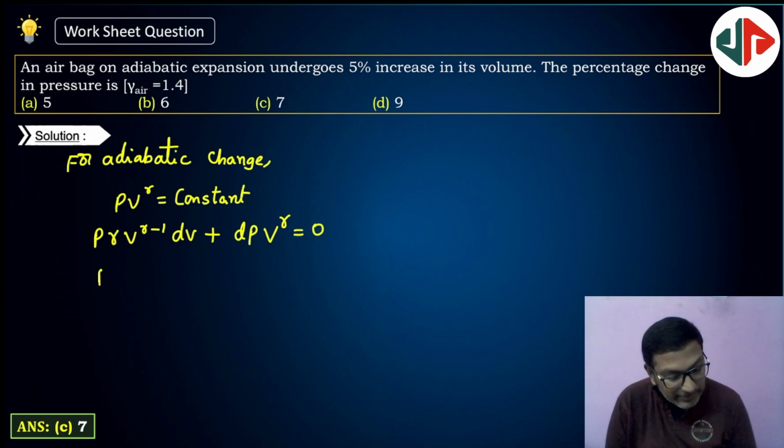So from this, P into gamma V power gamma minus 1 dV equal to minus dP V power gamma.